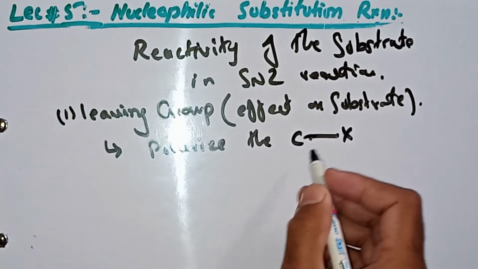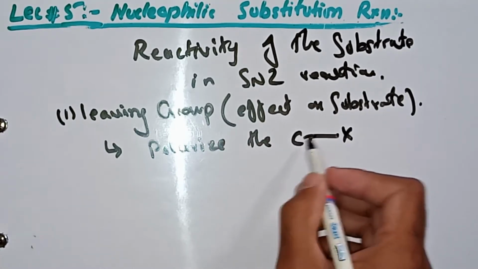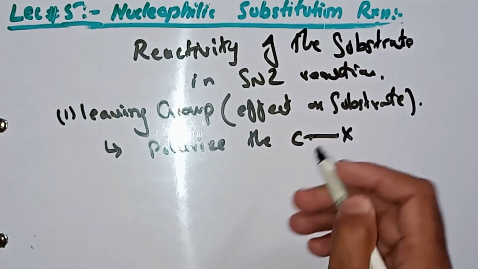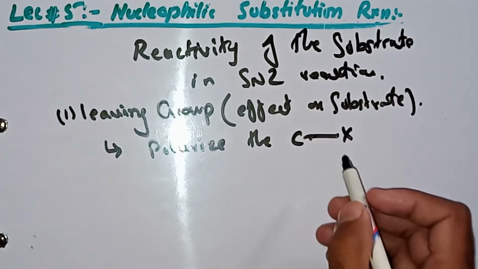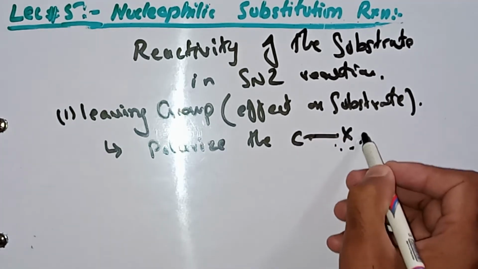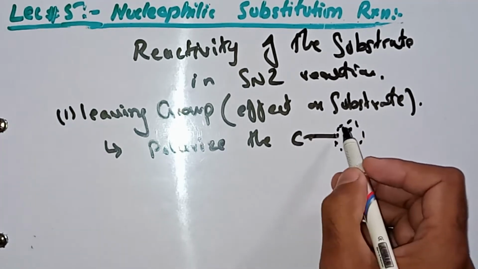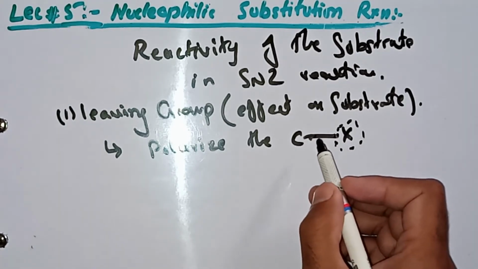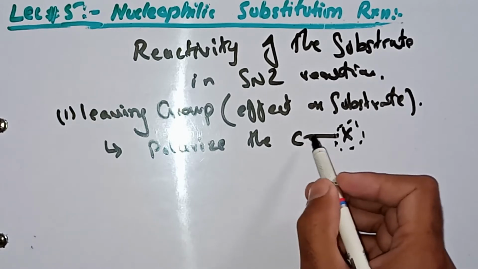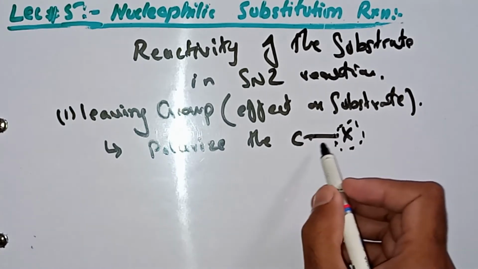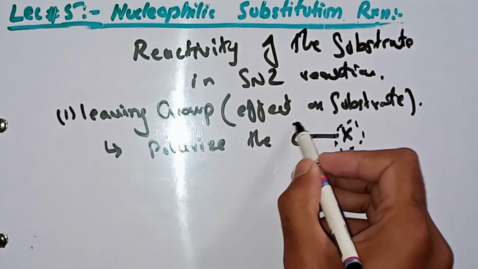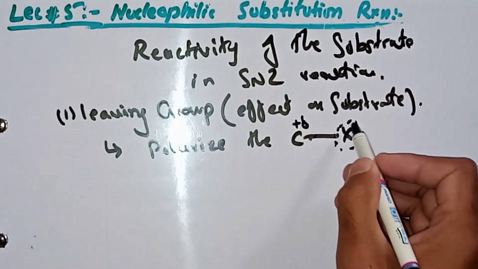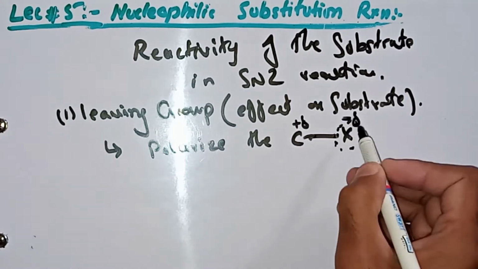As the leaving group is more electronegative, it attracts the bond pair of electrons toward itself. So the carbon gets a partial positive charge, and the halide ion or leaving group gets a partial negative charge.